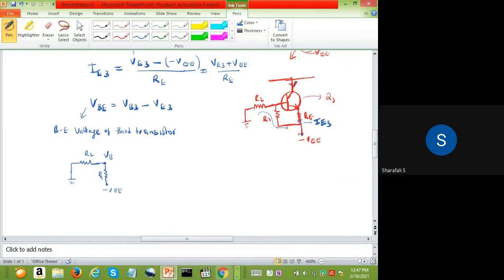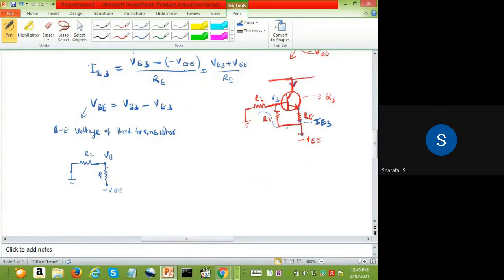Talking about this one. Okay, so here this is VB, the base voltage for the third transistor. I just redrew this input section of this transistor here.